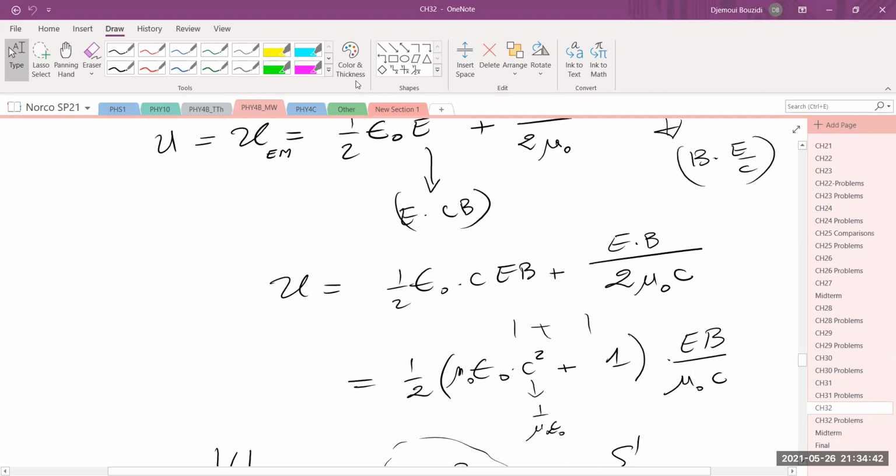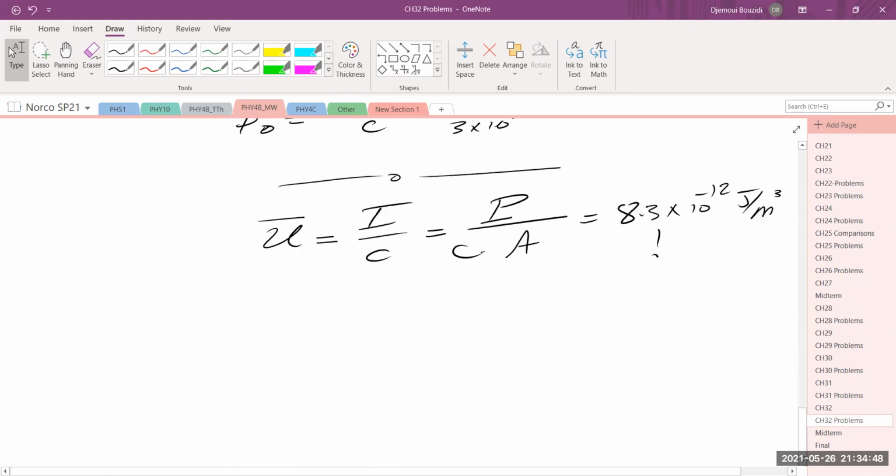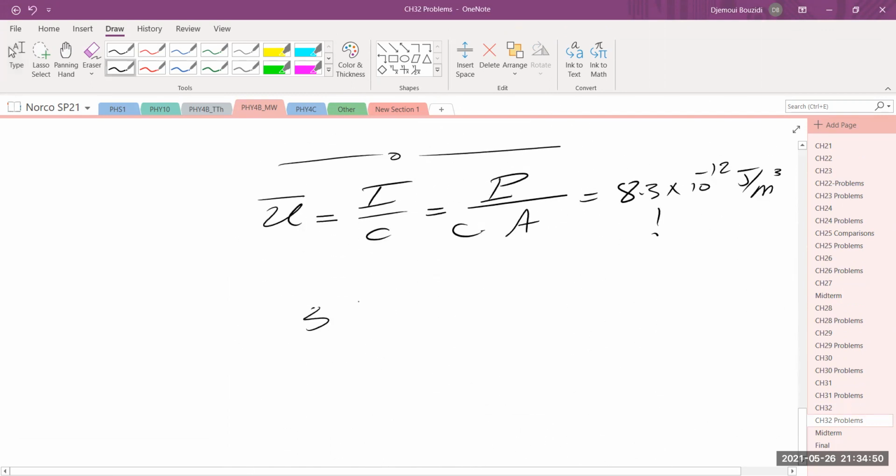So both of them contribute the same. This question really is part of the lecture, and the answer is that 50% is from E and 50% is from B.